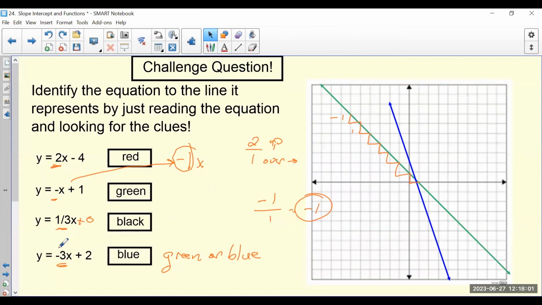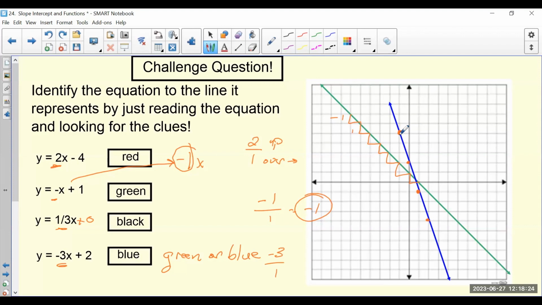Now, if that's our blue, it's got to go down 3 over 1, because that's saying that it's down 3. Oops, I need to get my pen back. Down 3 over 1. So let's check. It looks like it hits about there.